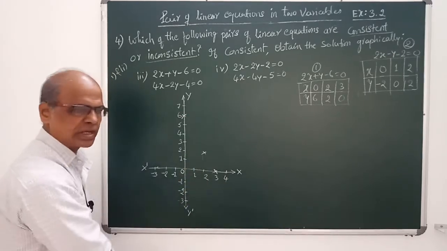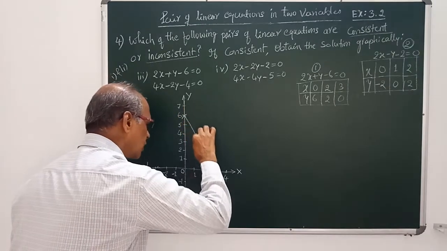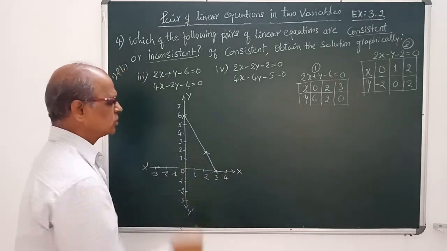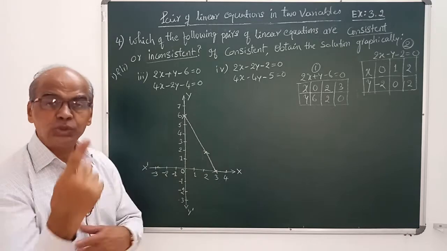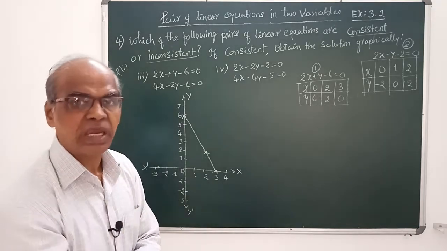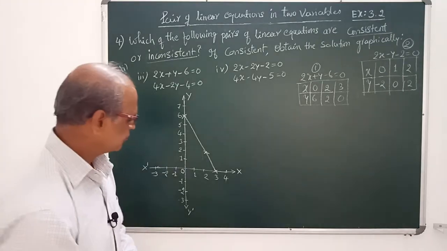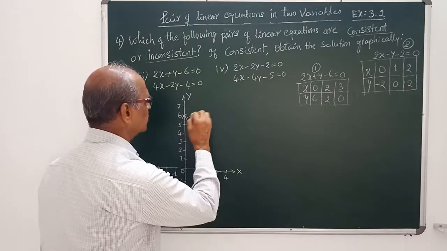Now you have to join this line. Take a scale and join. I told you to use a 1 foot, 12 inch scale, the bigger one, so that your line will be straight enough. Okay, this is our first equation.